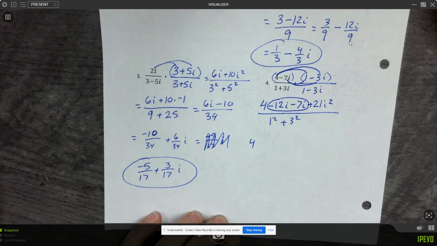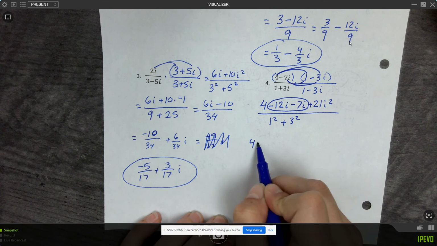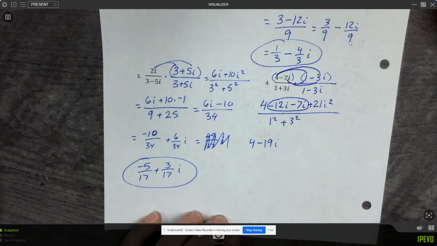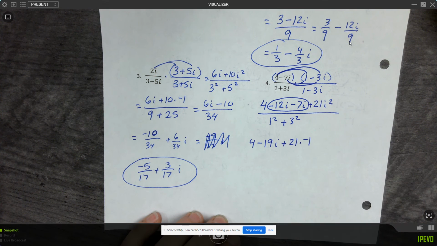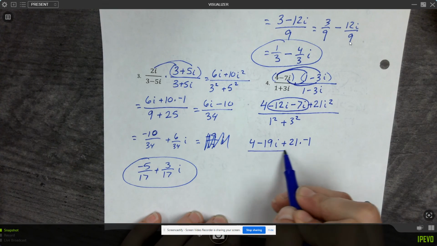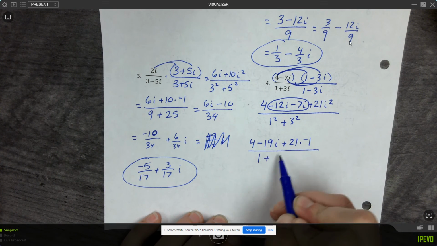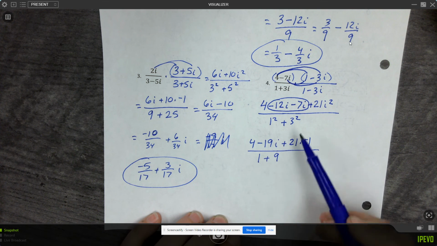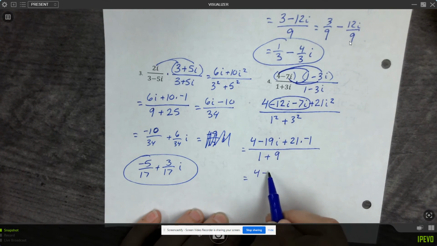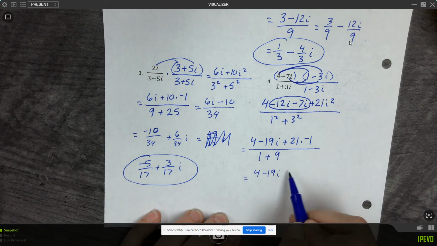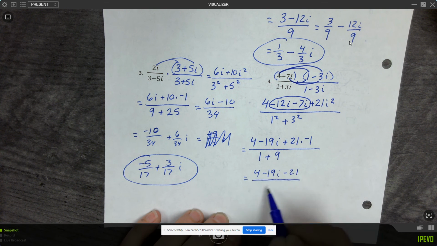Negative 12 minus 7 would give you minus 19i, plus 21 times negative 1, because that i squared, divided by 1 plus 9, right? 1 squared is 1, 3 squared is 9. That is then 4 minus 19i minus 21, all divided by 10.